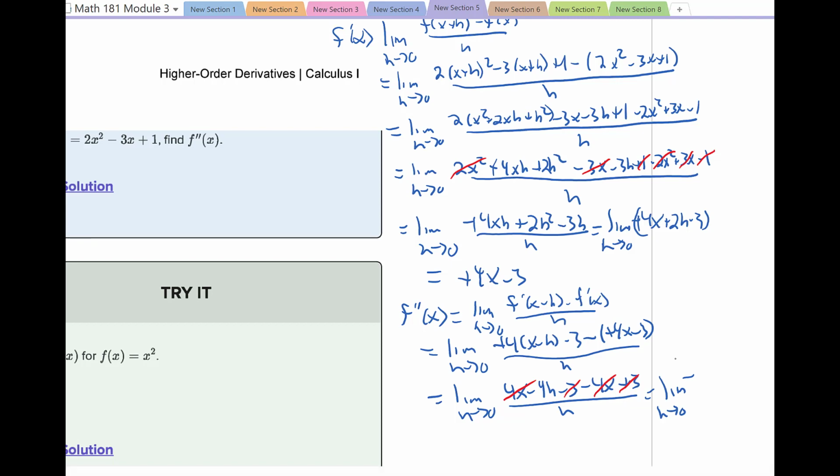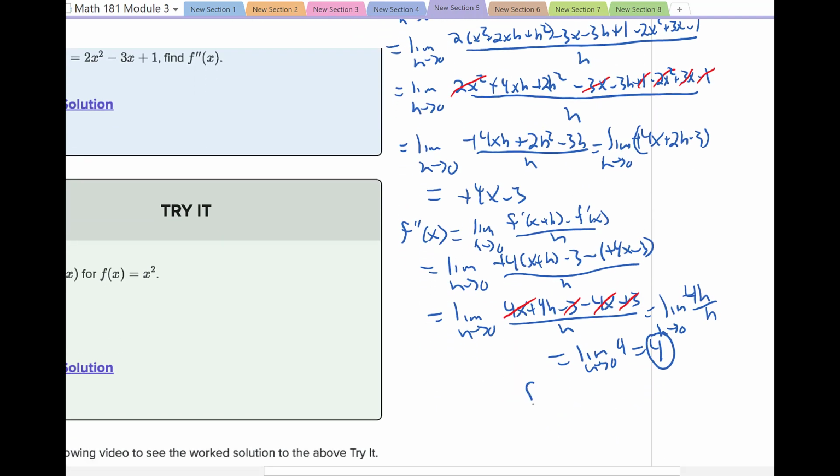Should that be negative or positive? I think it was x plus h. Okay, so plus. So we have the limit as h goes to 0 of 4, which is 4. And that's our second derivative. So f double prime of x was equal to 4.